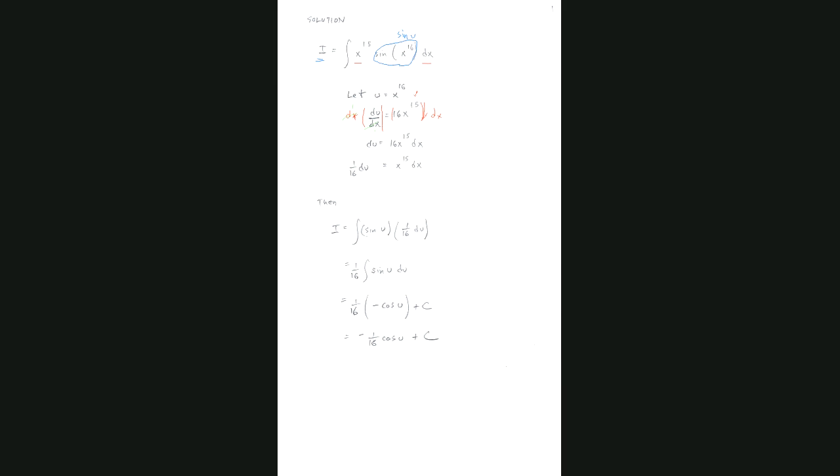So now we're going to multiply both sides of this equation by 1/16 to remove the 16 factor on the right side.